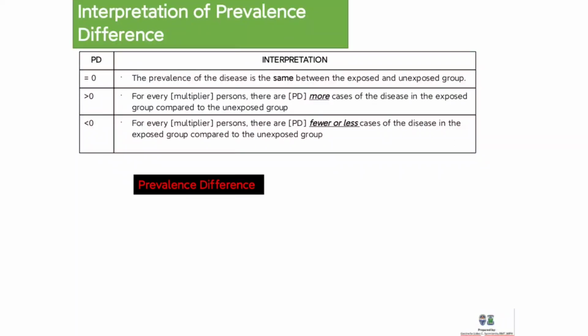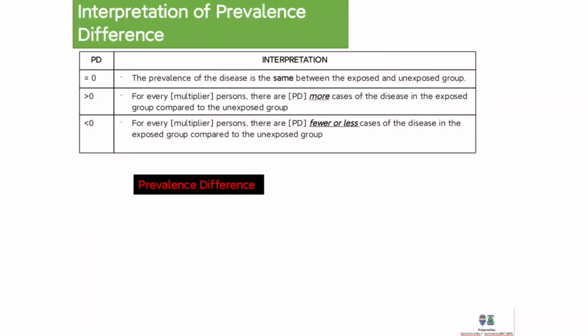Ganun bang sagot? The answer is no. Ang magiging sagot mo dyan is a positive value na. Kasi dito sa interpretation itself, nagiging positive value na yung computed value mo. So, instead of negative siya, for every 1,000 persons, there are 5 fewer or less cases of the disease in the exposed group compared to the unexposed group.